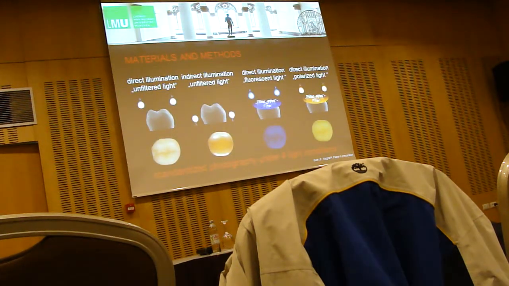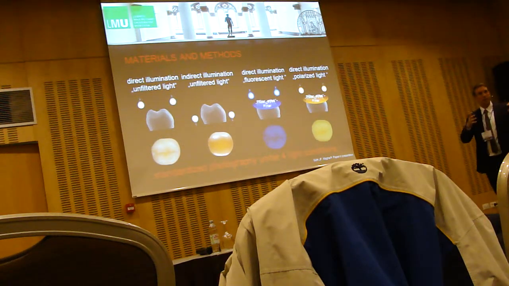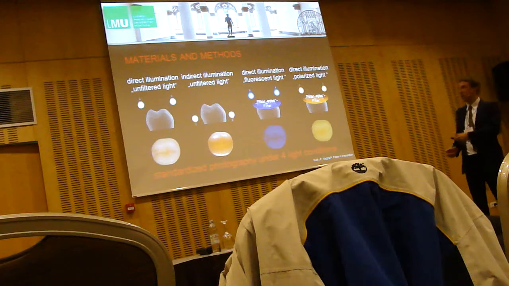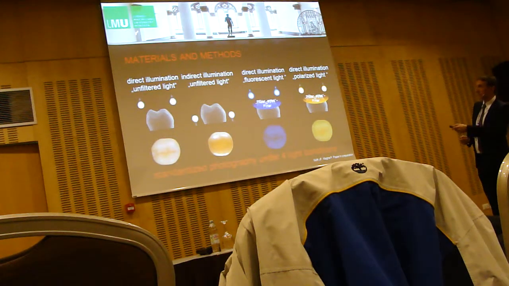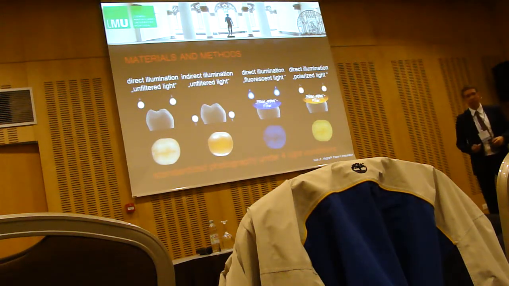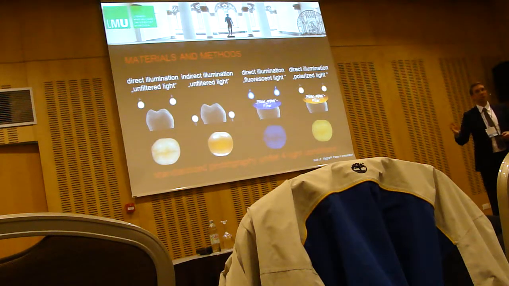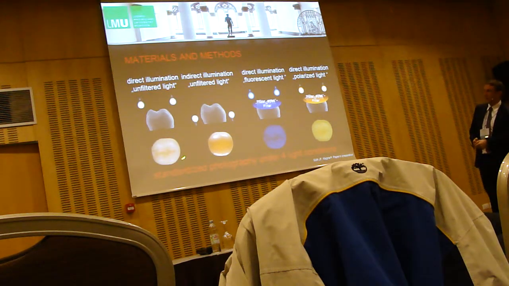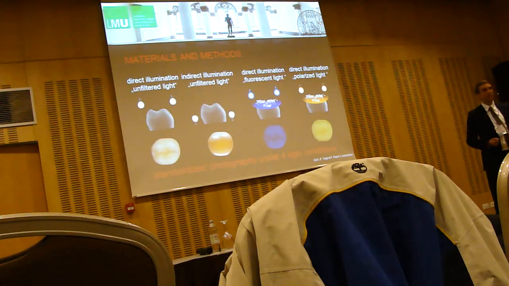These are the 4 light conditions. The first light condition, again, we used the Nikon photography with the twin flashes from above. All pictures were taken from the occlusal direction, with unfiltered light in direct illumination, resulting in a kind of natural image. This is the natural tooth. Then the indirect illumination, unfiltered light, where the flashes were positioned side by side of the teeth.